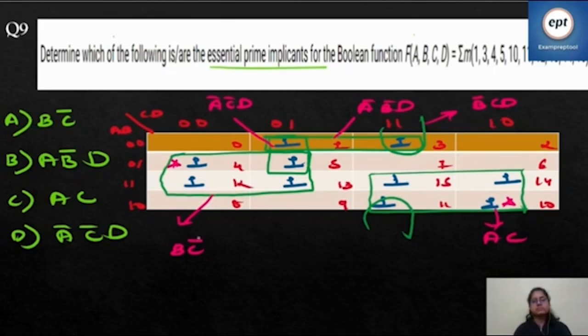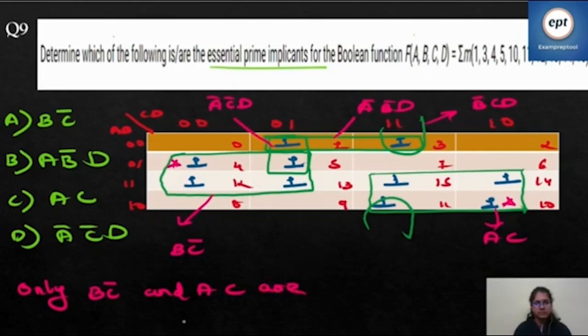But the essential prime implicants are only B C bar and AC.